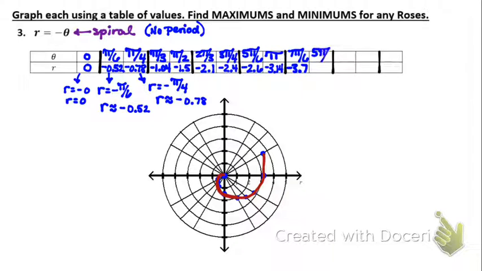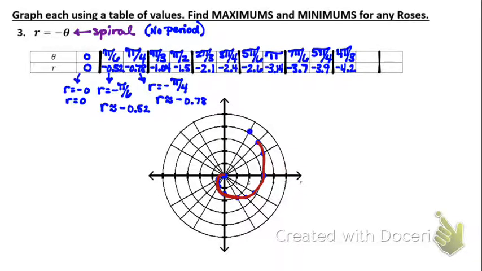Five pi over 4. Negative 3.9. Getting really close to that 4. 4 pi over 3. Negative 4.2.